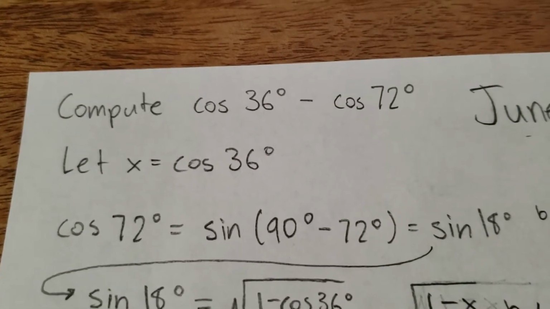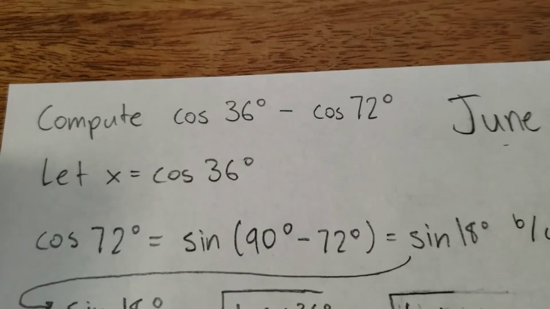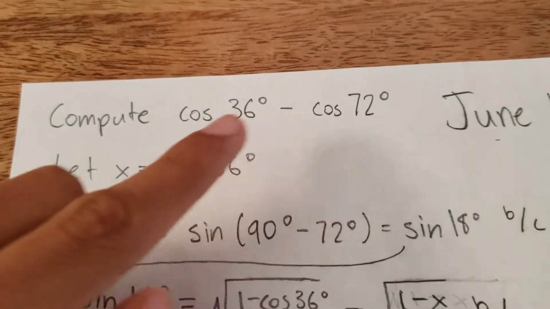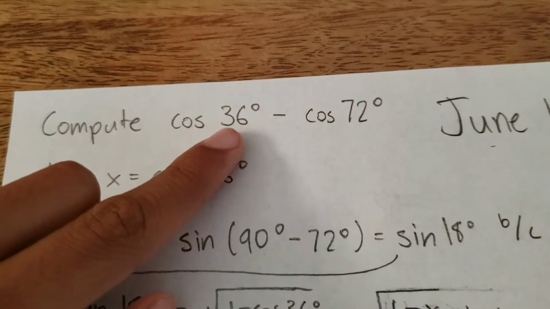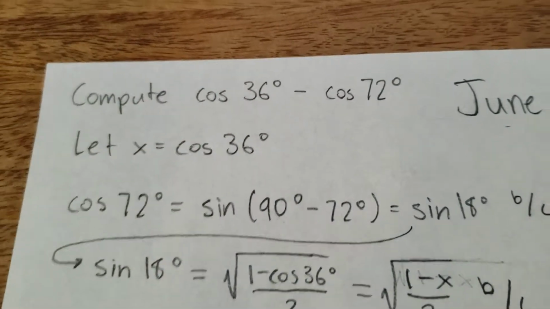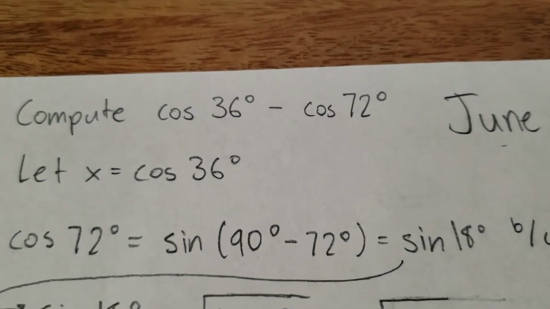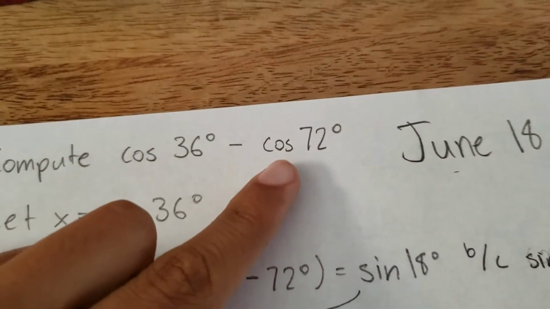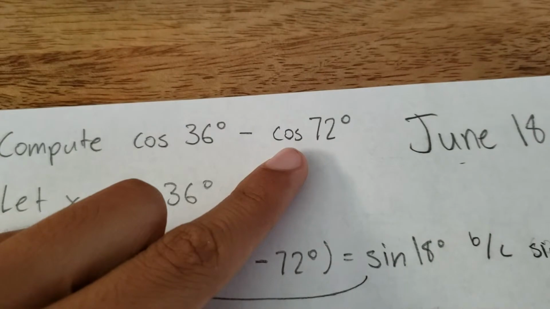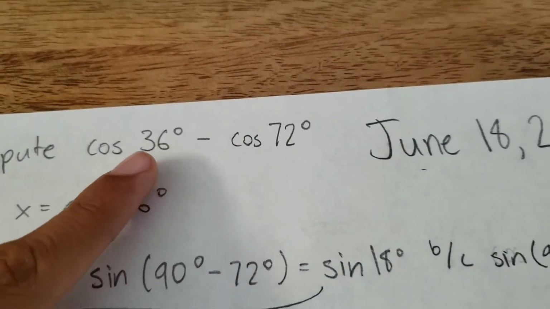Well, after playing around a bit, it's interesting to note that 72 degrees is exactly twice 36 degrees. So we might need to know that. And also, maybe a bit less obvious, the cosine of 72 degrees is just the sine of 18 degrees, and 18 degrees is half of 36 degrees.